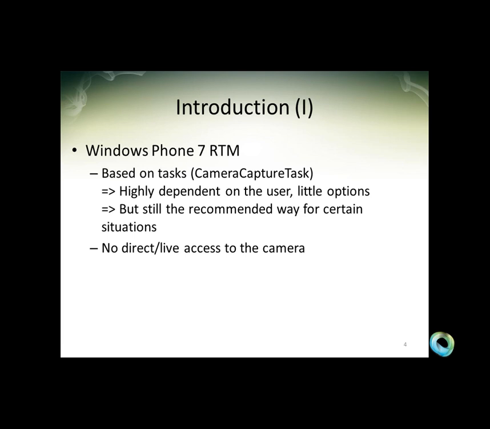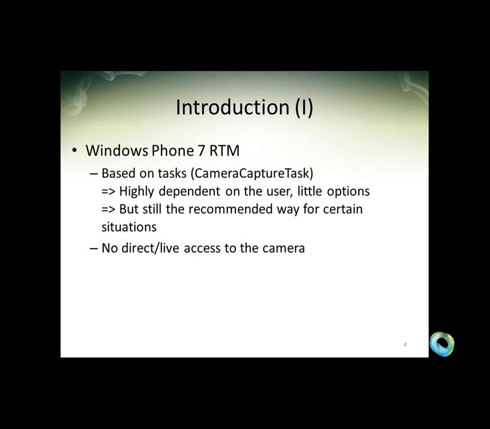Still, even with the new camera access options for the 7.1 release, this is the recommended way for certain situations where you simply want to get a single image or want to have the option that the user takes a single photo.